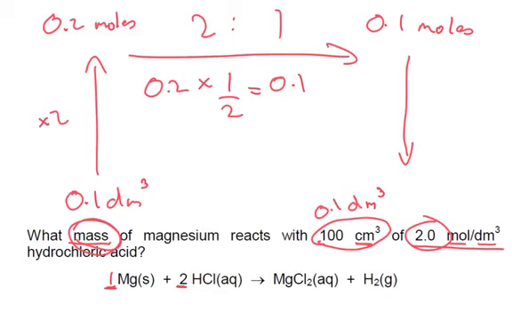So we need to times the number of moles by the molar mass of magnesium. Now we've got 0.1, and on the periodic table magnesium is 24. So 0.1 times by 24 is 2.4, and that's going to give us a mass of 2.4 grams of magnesium, and that is our final answer.